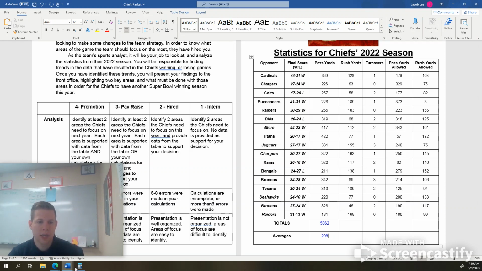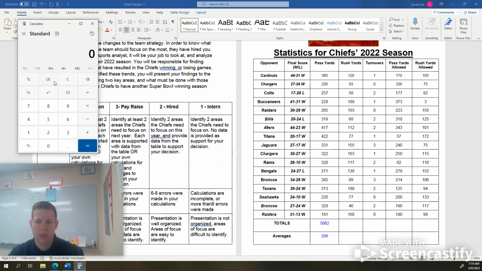We'll go to the next category and start this whole process over. 128 plus 93 plus 8 plus 189 plus 103 plus 60, and so on. The total is 1,970.